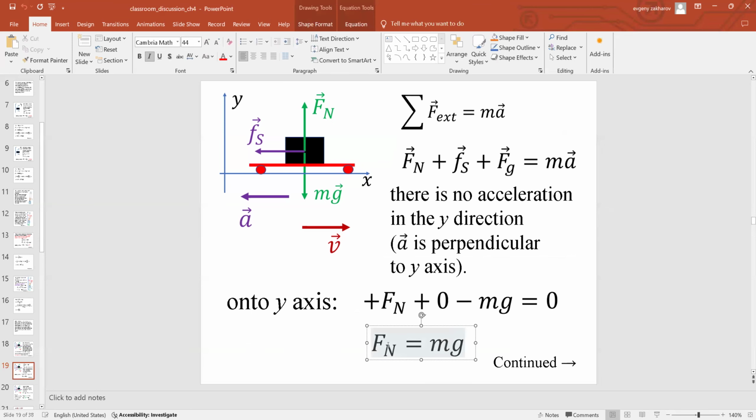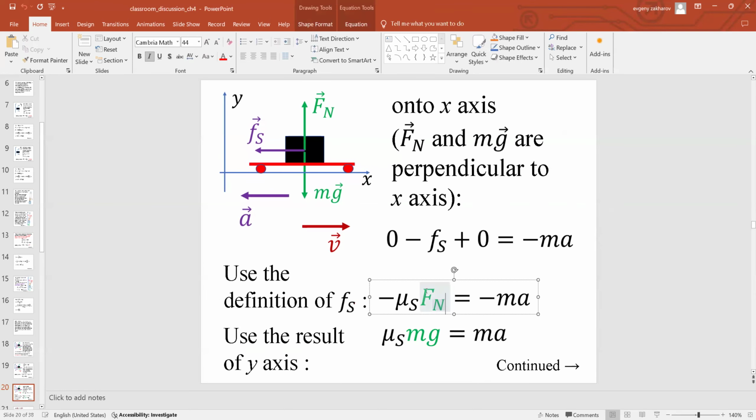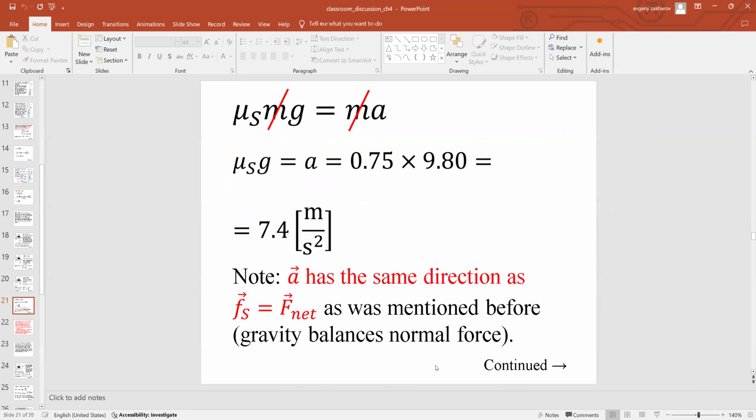It's not always the case, but in this problem, we got this solution. So instead of normal force, you say gravity. And solve for acceleration. Fun fact, mass cancels out. It doesn't matter how heavy the crate is, acceleration is going to be the same.